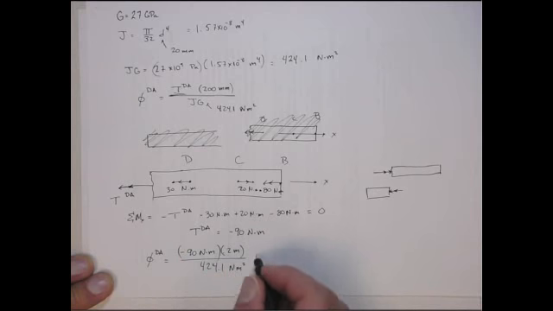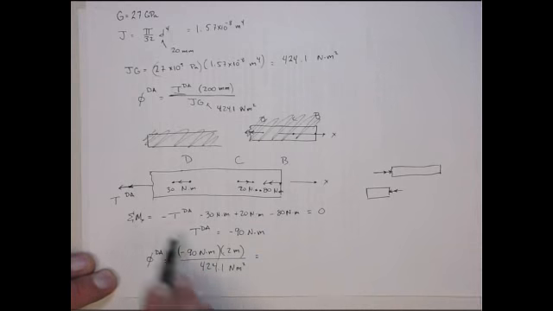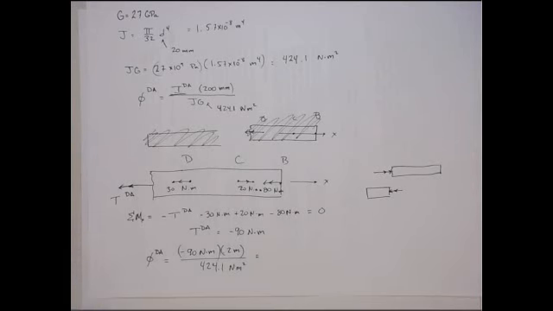Everything cancels out. You can see you get dimensionless unit of radians. All right, I get a negative value here because I was careful of the signs, and that means that the rotation of D relative to A is going to be clockwise, because that's the negative sense.